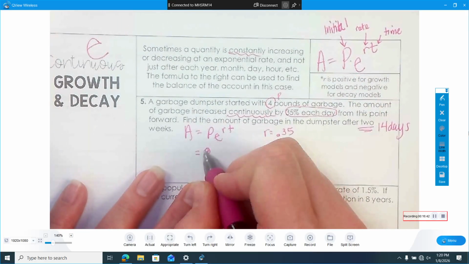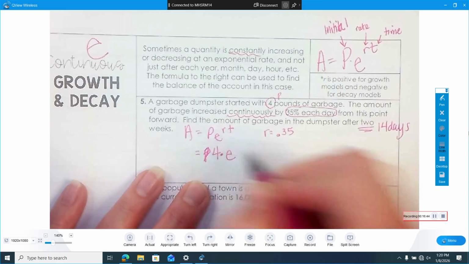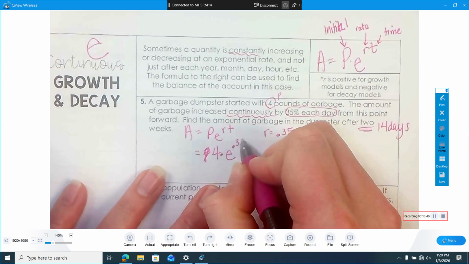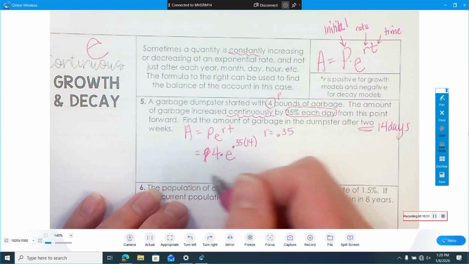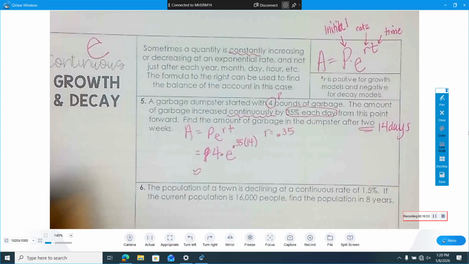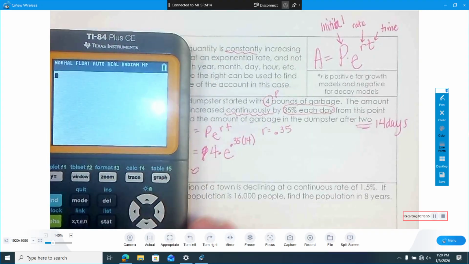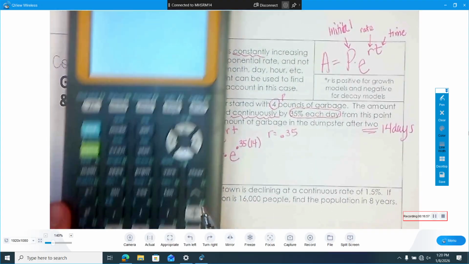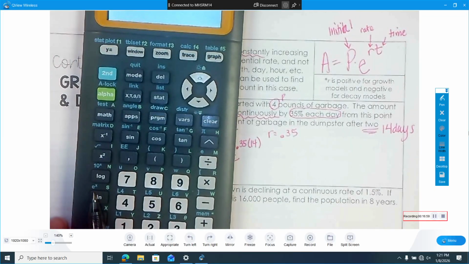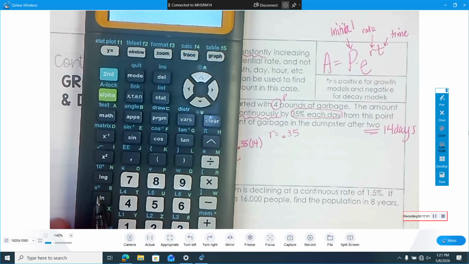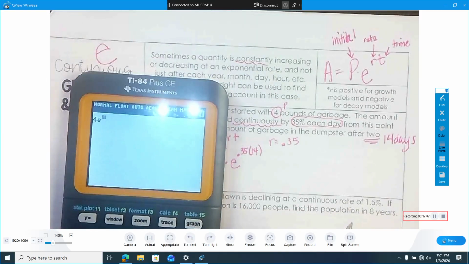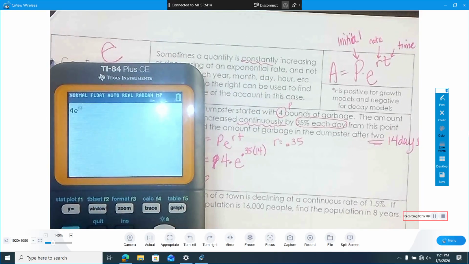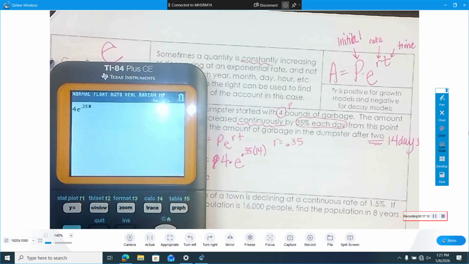So 4 times e to the 0.35 times 14 days. Make sure you know where that button is on your calculator. The e to the power is right here in blue next to the 4. So we're going to do 4, then second e to the 0.35 times 14.